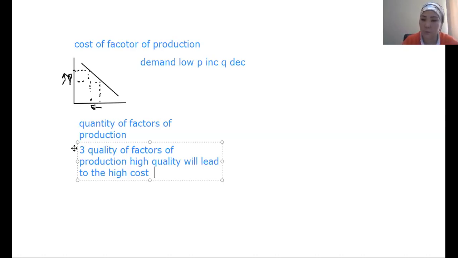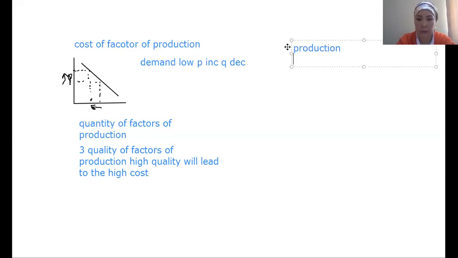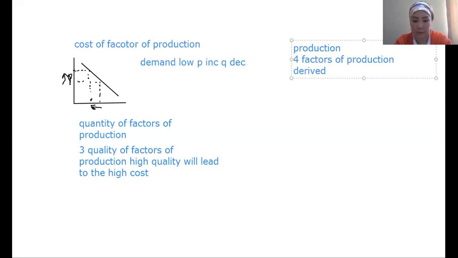So, to sum up this first introduction part of the production, we were talking about the determinants for the demand for the factors of production. We talked about the production, and we've told what production is: the process of making new finished goods by the inputs. And what are inputs? They were the 4 factors of production. And what is the derived demand?